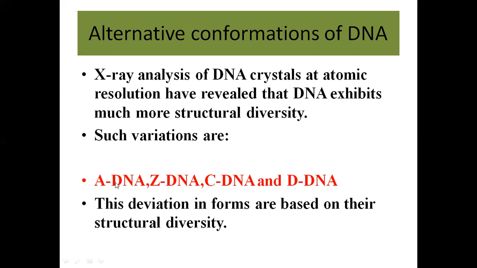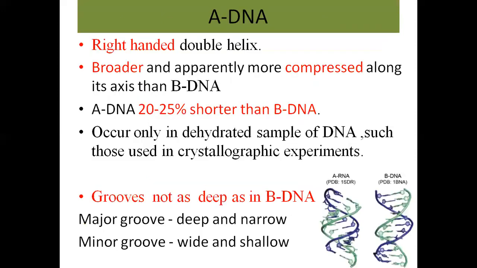Of these, ADNA, CDNA and DDNA are right-handed double helices, just like our typical model BDNA, whereas ZDNA is a left-handed double helix. We will discuss them one by one in detail.